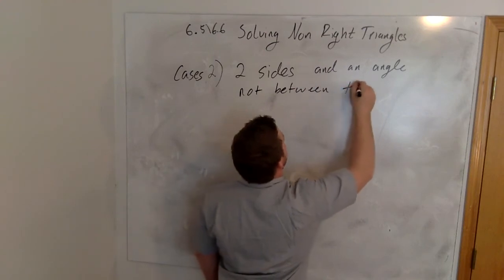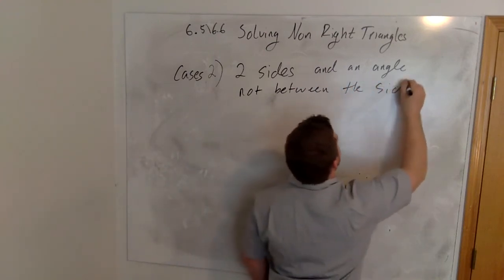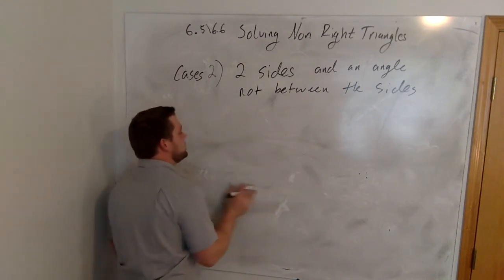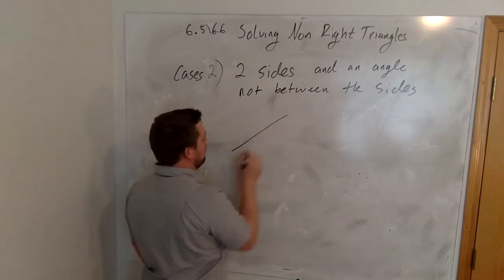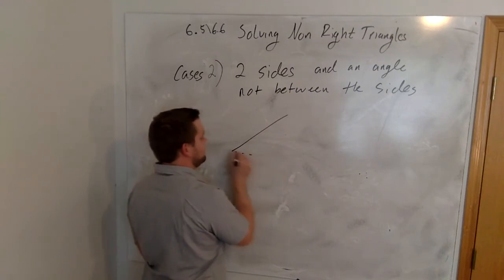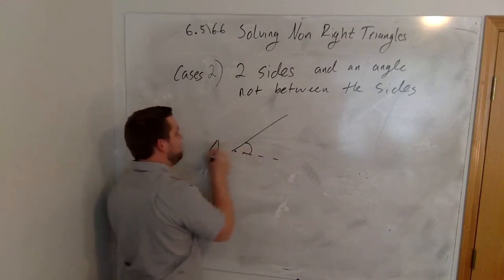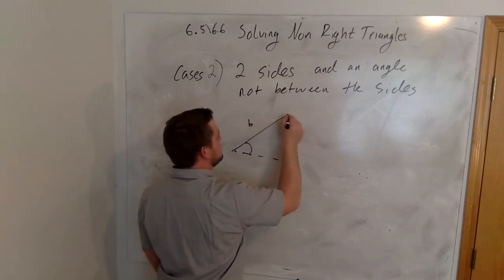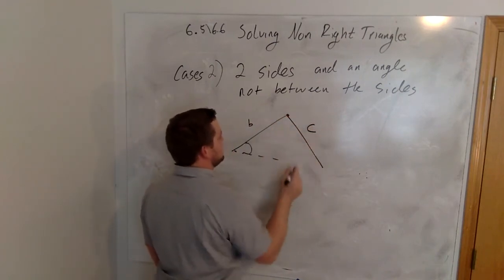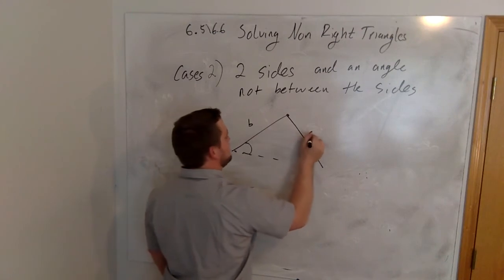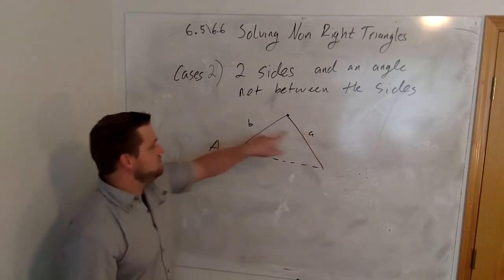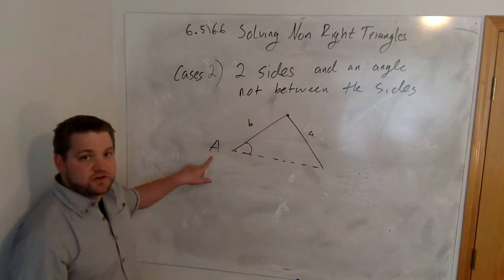What this would mean is we would know one angle. So let's say we know angle A. Let's say this is side length B, and this is side length C. Or sorry, this would be side length A. So we would know these two sides and this angle here.